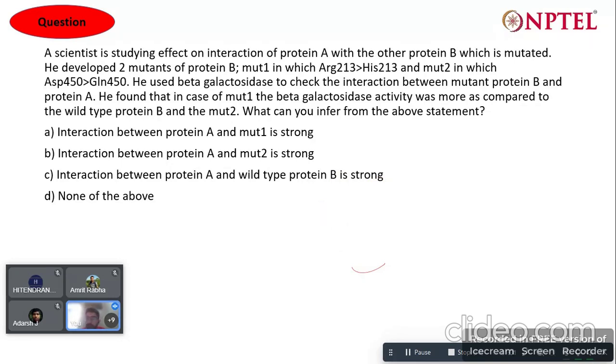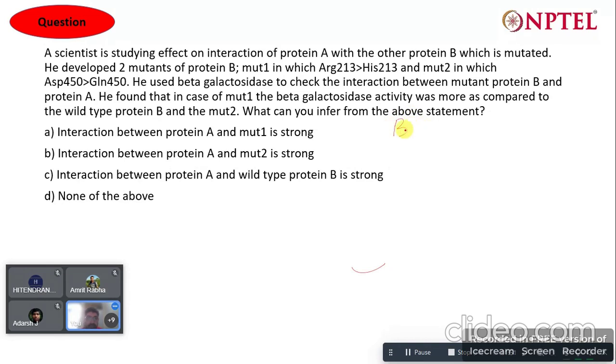So can anyone guess or analyze what the question is? So what the scientist did was, he has a protein B that he is checking for mutations.